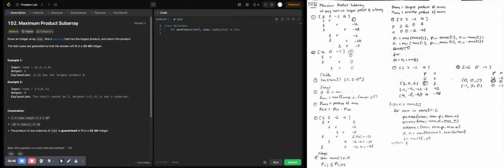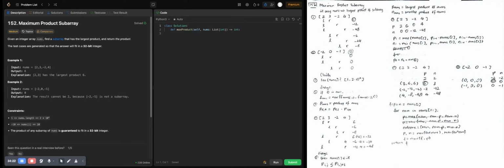So P and N, we start with 2, and then we consider 3, and then 6, 6. So positive would be 6, negative would be 3.